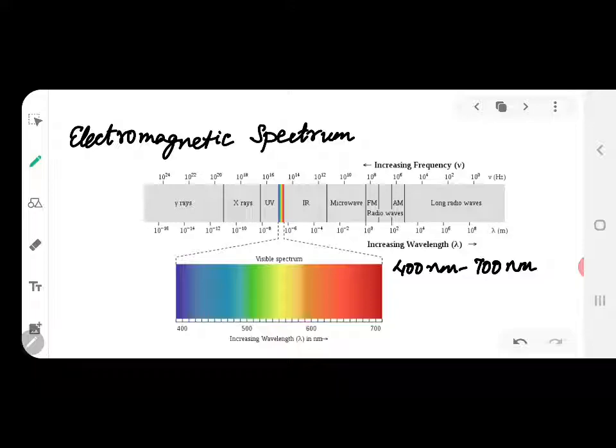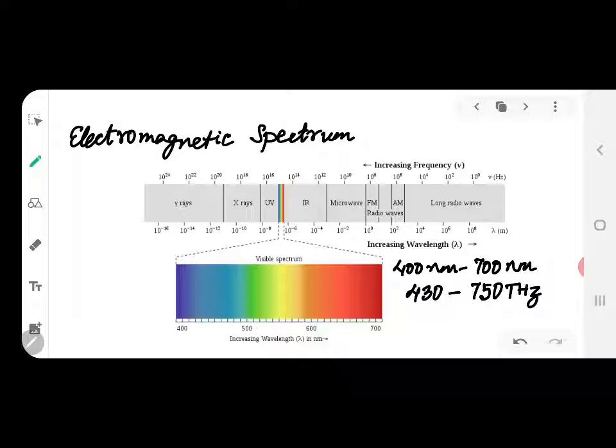Visible light is usually defined as having wavelengths in the range of 400 to 700 nanometer between the infrared and the ultraviolet. These wavelengths mean a frequency range of roughly 430 to 750 terahertz.